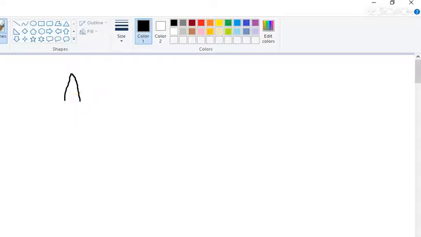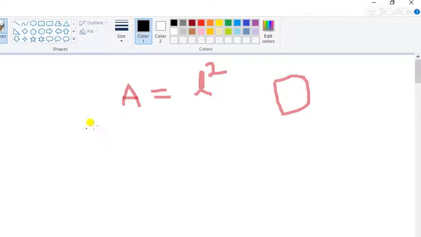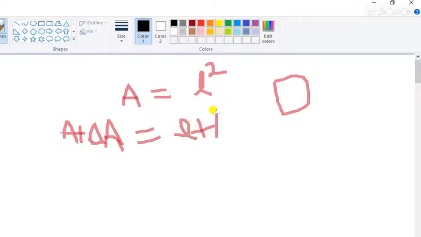Let's suppose area is equal to L square, that is the area of a square. Let delta A be the error in area. In a similar way, A plus delta A is equal to L plus delta L whole square.